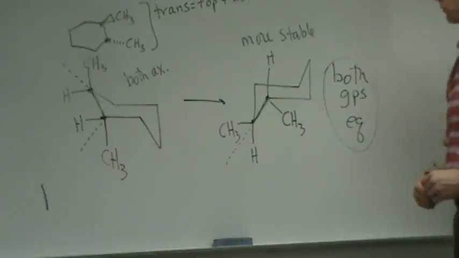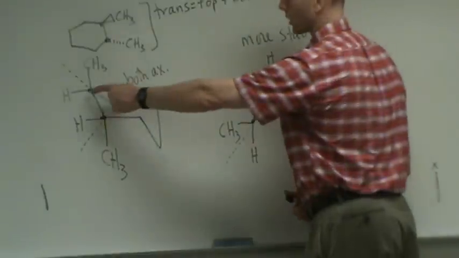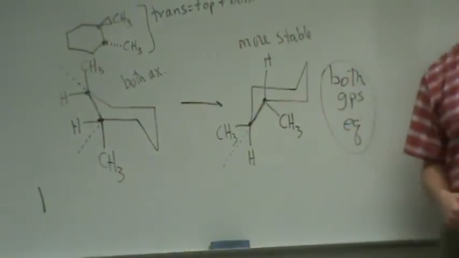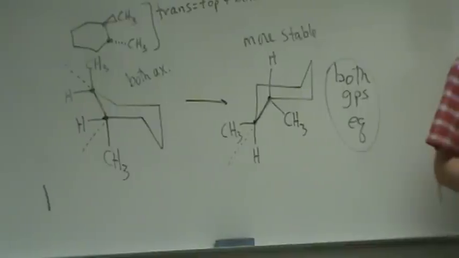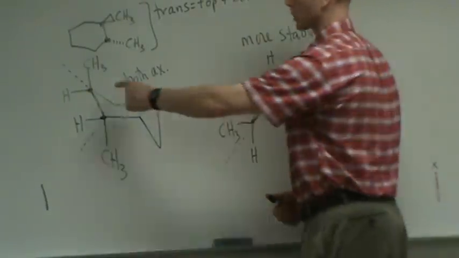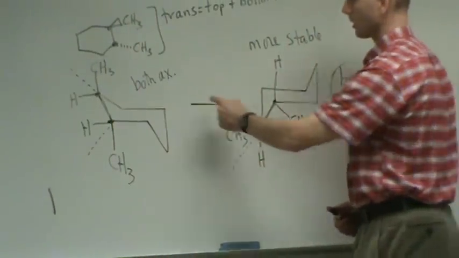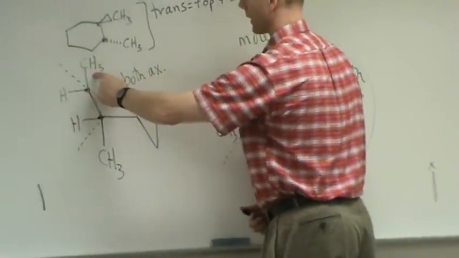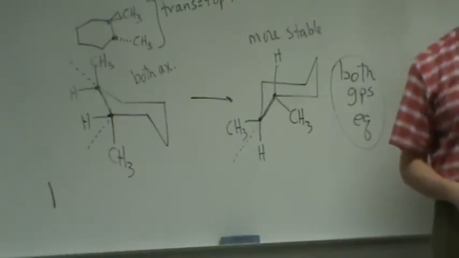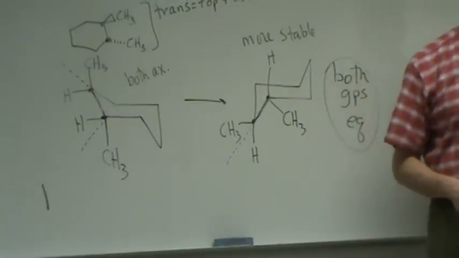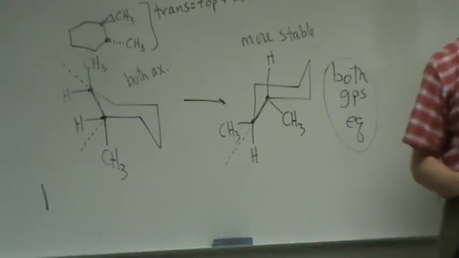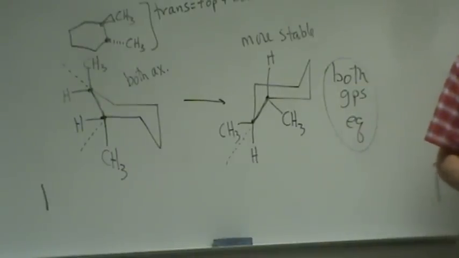The carbon did not move. That's why I draw these dots, to show you the 2 carbons in between, okay, that we're focusing on. Okay? So this one came down, and so this CH3, by definition, will become equatorial. Okay? All right? So we'll do some more examples, and they'll become more clear in practice. Okay?